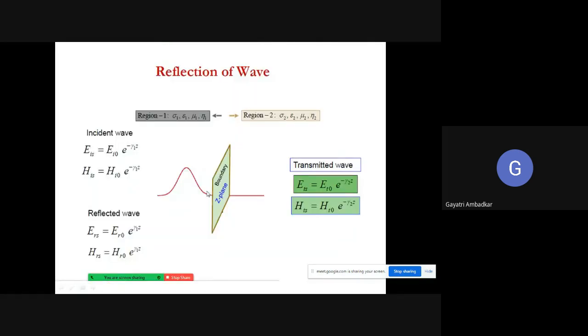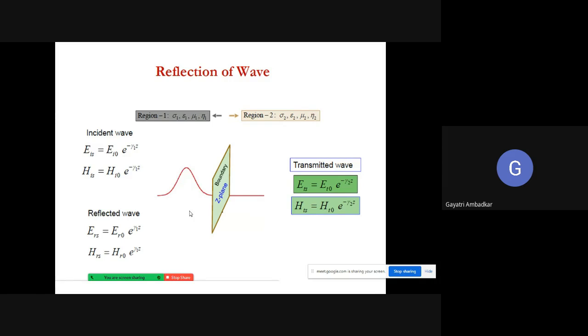Okay. So, in the last lecture, we have seen that when a plane wave is moving and it strikes the boundary, because a waveform is not always propagating in a homogeneous medium. It will be propagating in a non-homogeneous medium.